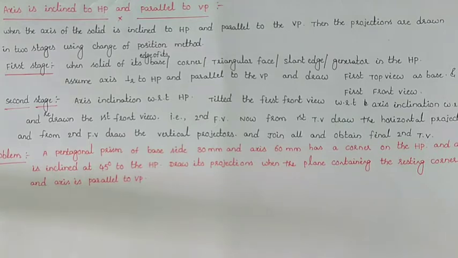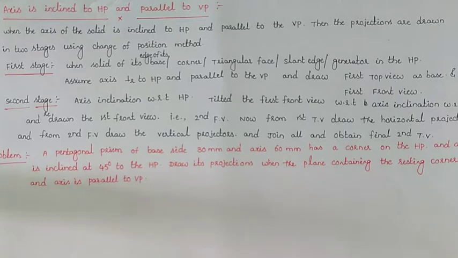Draw the first top view as the base, and draw the first front view: suppose it is a prism, we draw the rectangular face; suppose it is a pyramid, we draw the triangular face. Coming to the second stage, here is the axis inclination position, the axis inclination with respect to the HP. We redraw the first front view, and we construct the second front view with an angle of inclination with respect to the HP.